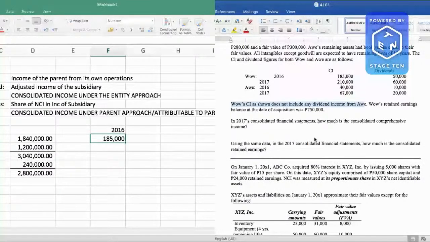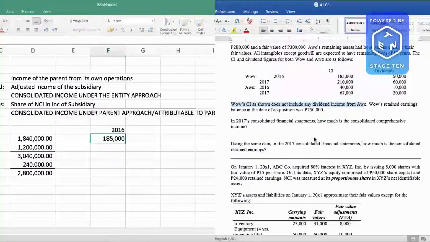How do we know? The 40,000 is based on depreciation expense in the amount of 56,000, but the correct depreciation expense should be 60. So how does the consolidated entity view this 40,000 class? In the eyes of the consolidated entity, the 40,000 profit of the subsidiary is overstated. Why is it overstated? Because its depreciation expense was understated.